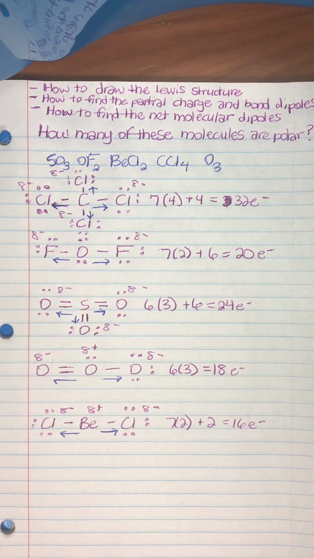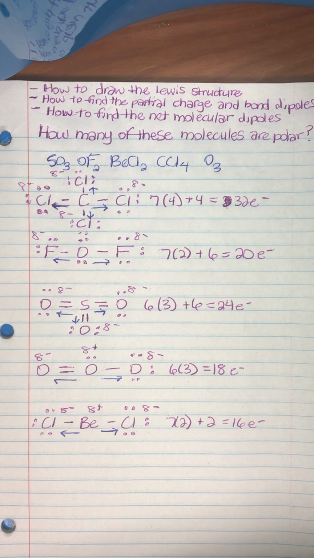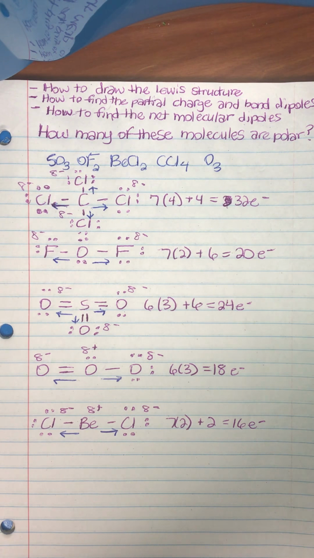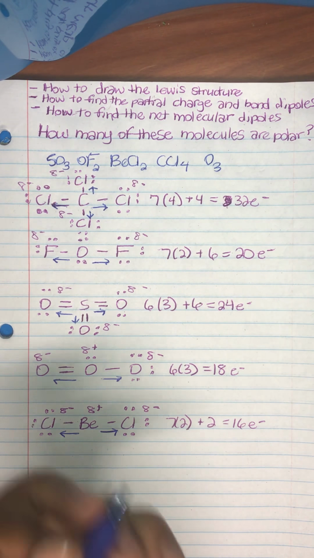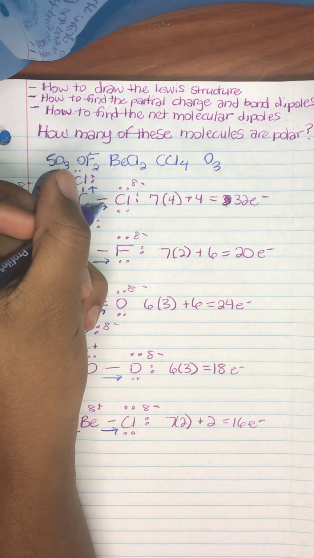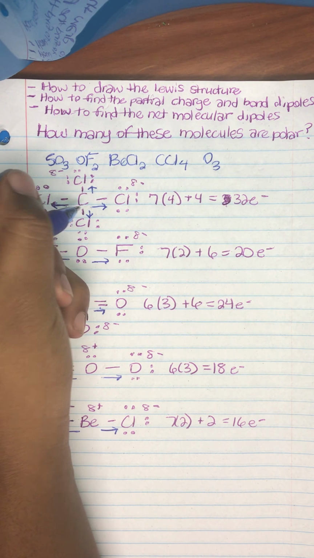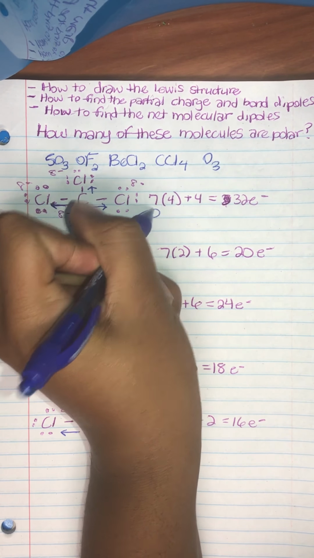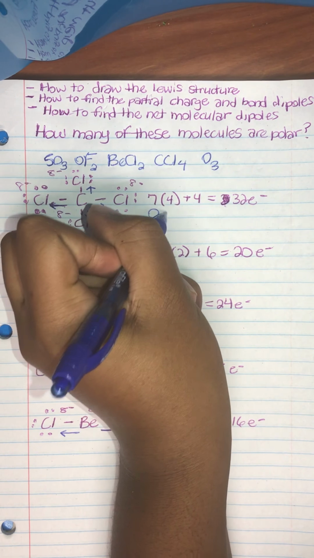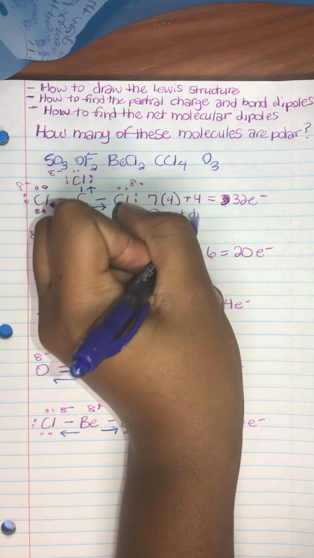Alright, then we're going to find the net molecular dipoles of each one. With this one, you would look at the molecular geometry. This one is tetrahedral, so the net dipole is going to be 0.